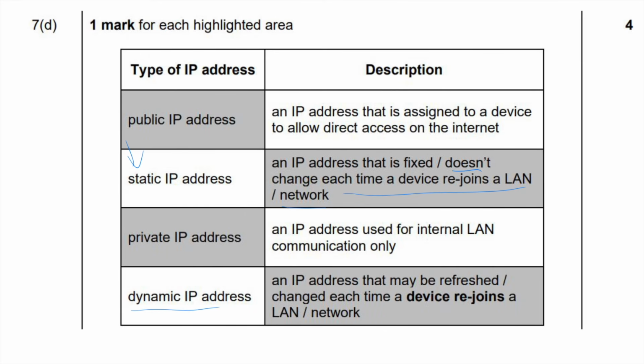Dynamic IP addresses change each time a device joins a network. Everything else is pretty much the same. Private IP addresses are mainly used for internal LAN communication. And public IP addresses allow direct access to the internet or are assigned to a device. Basically, they allow that device to interact directly with the internet.